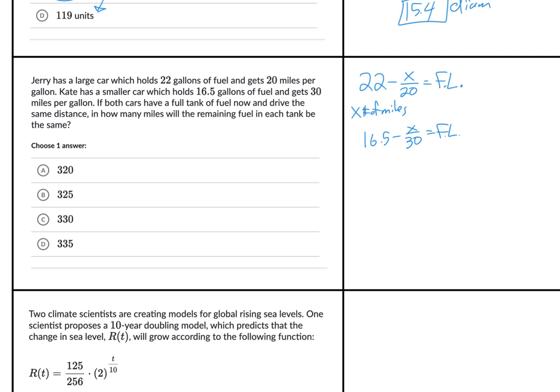So we want to know how many miles it will take for the fuel left to be the same. So I'm going to set them equal to each other and solve this equation.